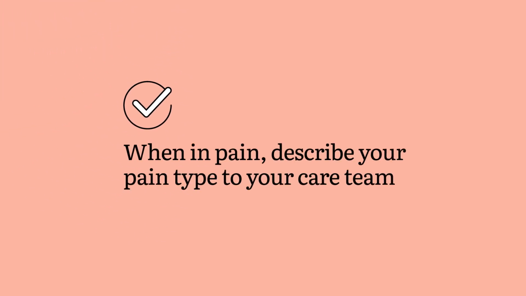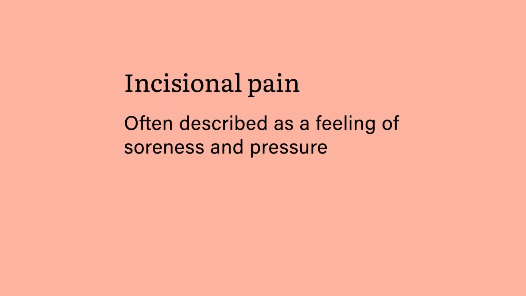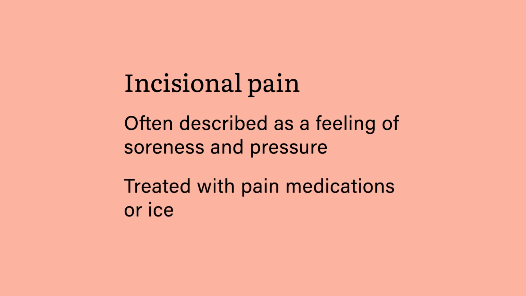There are different types of pain, and how they are managed varies as well. When you are in pain, describe the type of pain you are experiencing to your care team. Incisional pain is often described as a feeling of soreness or pressure. This is treated with pain medications or ice.